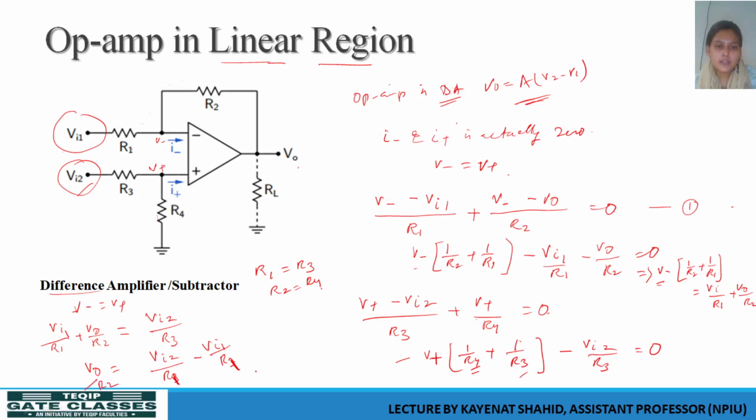So this can be simply written as VO is R2 by R1 times (VI2 minus VI1). This is our equation.